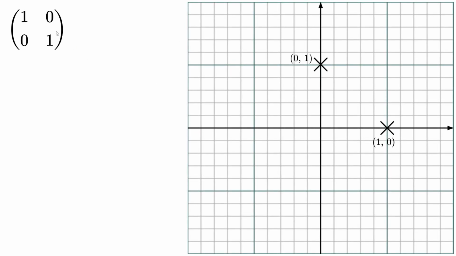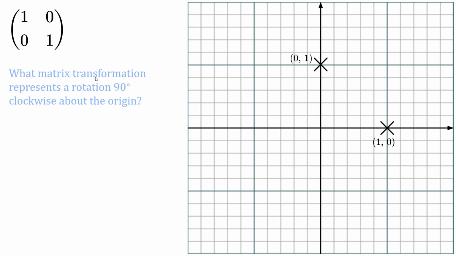Identity matrix again, 1, 0, 0, 1. Start with this point. Now we want to rotate 90 degrees clockwise about the origin. So this point, always start with this point, is going to go over here. From 1, 0 to 0, minus 1. And this point, 90 degrees clockwise, will move over here.